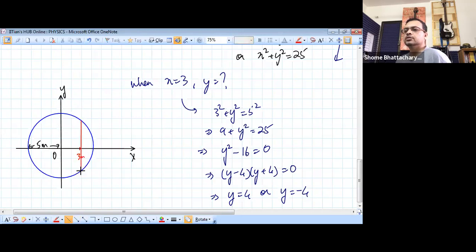There are these 2 points on the circle where x is equal to 3. So you can say our circular path intersects this line at 2 points.